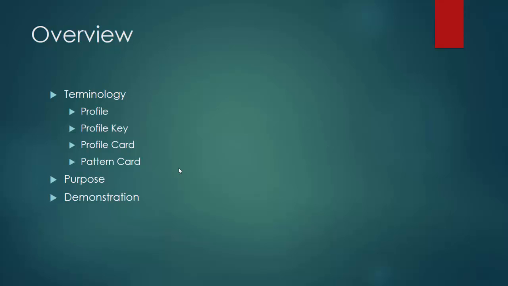A profile key is really just a definition for this profile that we're going to create. So we're going to be able to create multiple profile keys that define a profile. For example, you might have a profile that is content type. You want to track users that go to your website, and what types of content they go to.